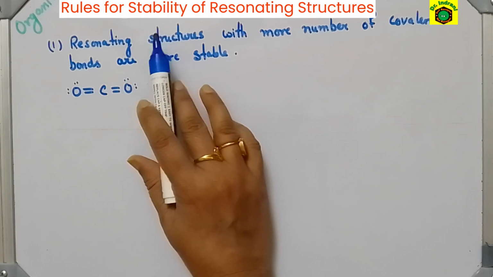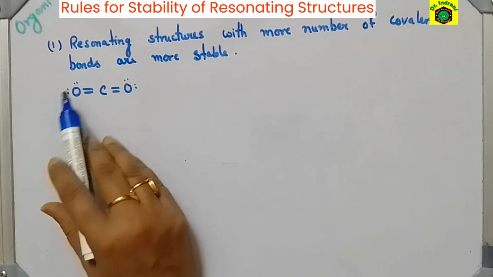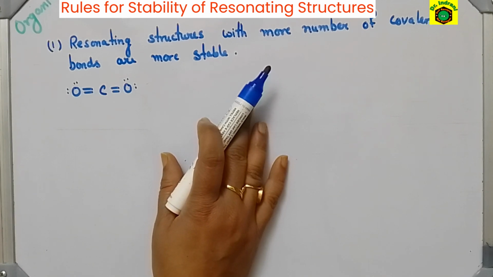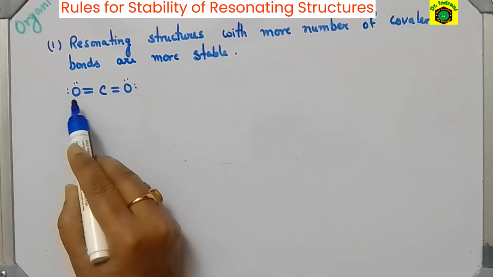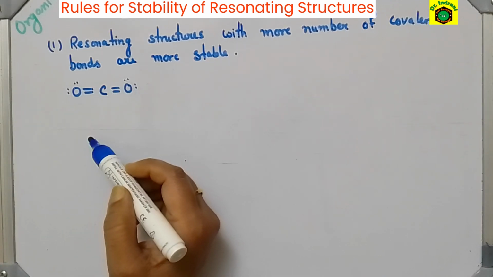Now we will study the rules for stability of resonating structures. Suppose we are writing the resonating structures of carbon dioxide. We know all the resonating structures must be written according to the Lewis method, showing bonds, lone pairs and formal charges where required.